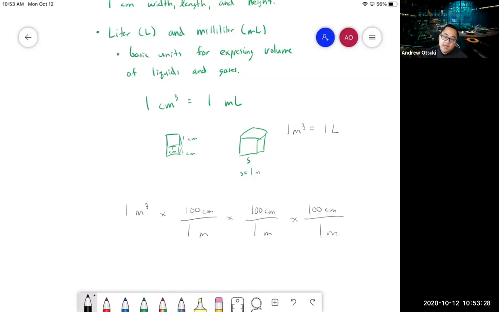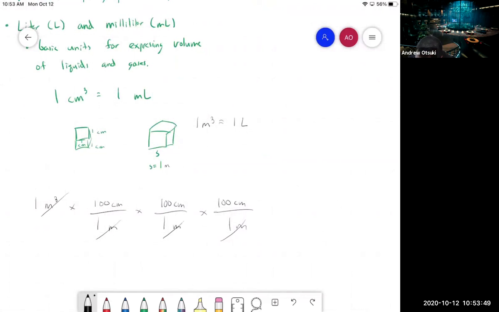The reason I had to write this out 3 times is because to cancel out a meter cubed, you need to cancel out three conversion factors to get the cube ratio. So we cancel out meters right here, and that will give us 1 million, so 10 to the 6th centimeters cubed. Oh, I see now. Okay. And then that will be 1 million milliliters, right?